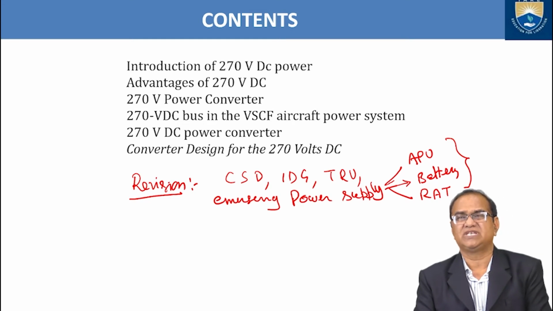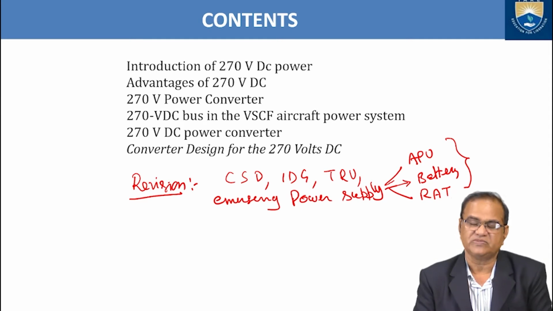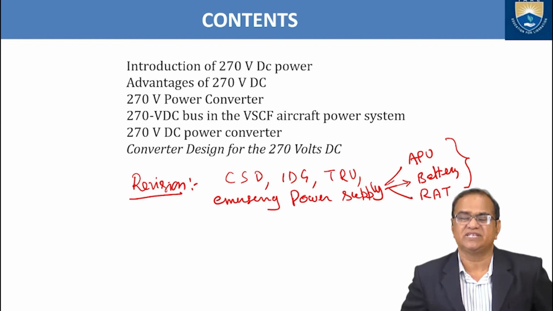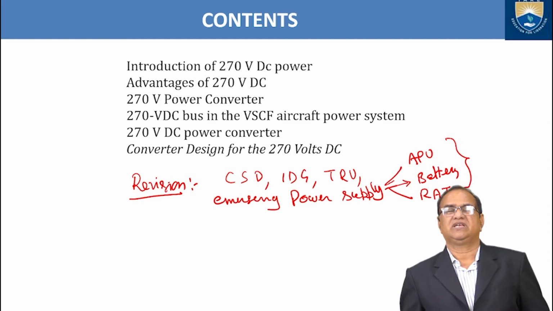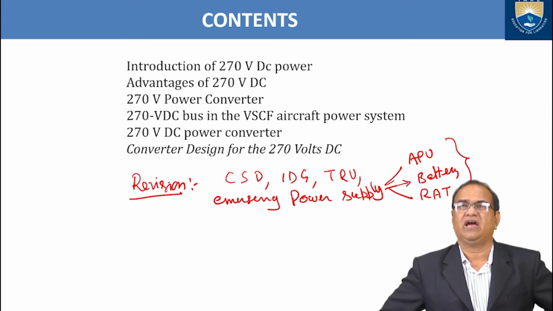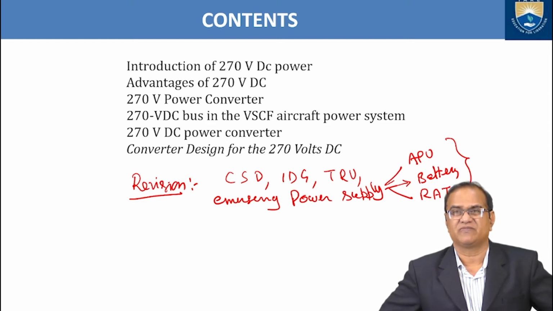Now I am going to see a new topic, which is the 270 volt DC power supply. I want to say that this 270 volt DC is only used in some American aircraft, especially modern fighter aircraft like the F-22 and F-35.